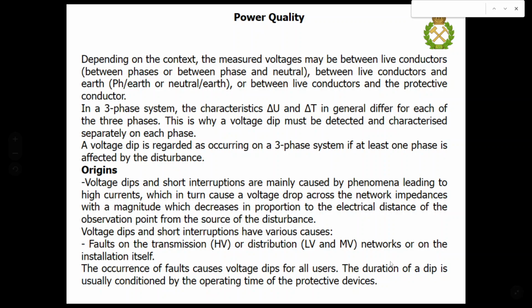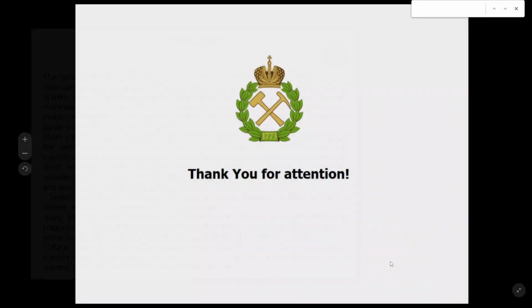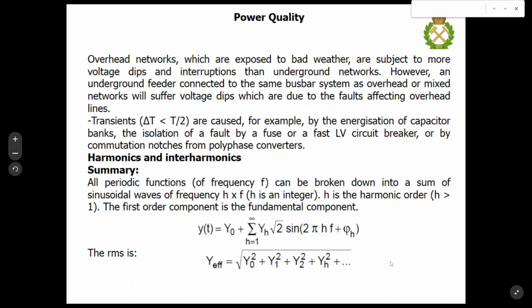Faults on transmission or distribution networks and short circuit levels and switching of large loads, long interruptions, sorry, the main problems.